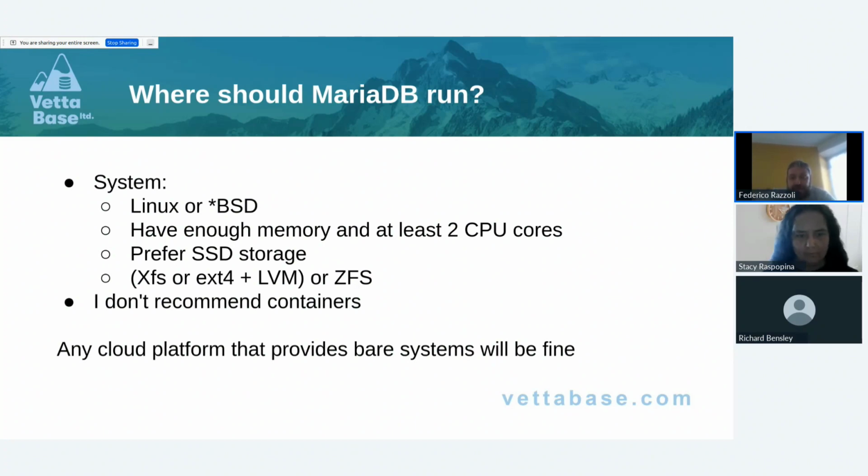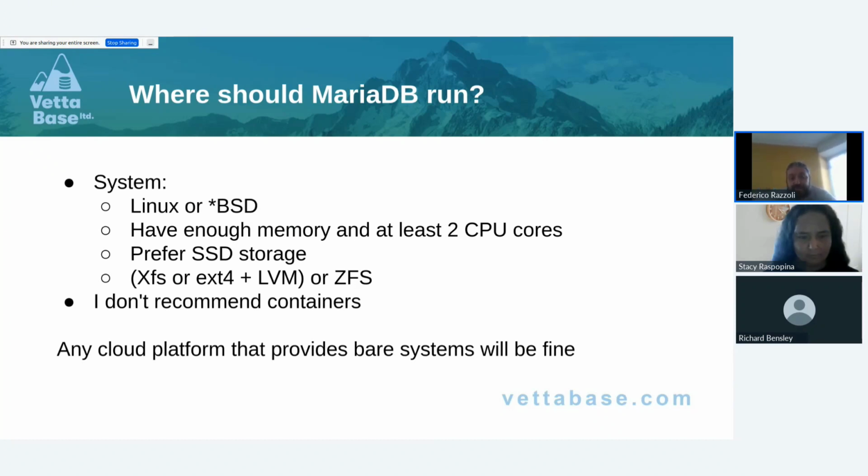Anyway, having a high number of CPUs is usually useless with MariaDB, especially because you can scale out by using replication, and we will talk about it later. You should obviously prefer SSD storage, and okay, this might be obvious, but I think it's particularly important with databases, so it's worth mentioning.